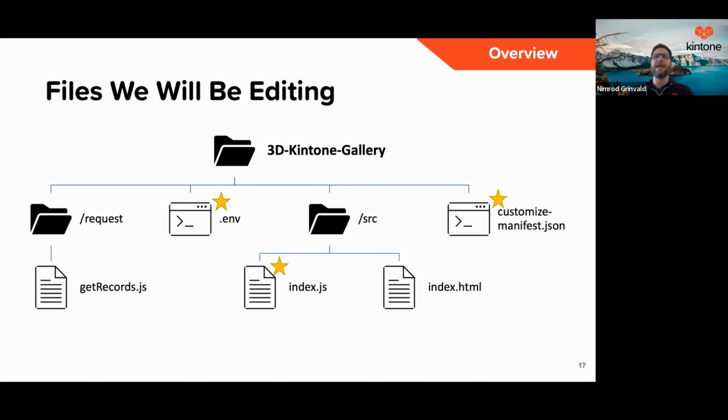The customize-manifest.json gives instructions for that automation to where it gets directed in your Kintone environment. And index.js is where we will be playing with our actual Three.js code. It'll be where we play with the creation of meshes and scenes and lighting and cameras.